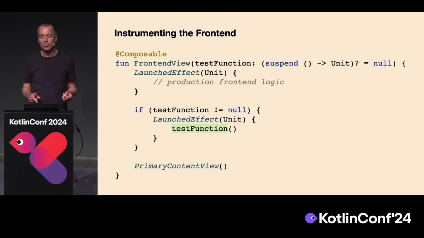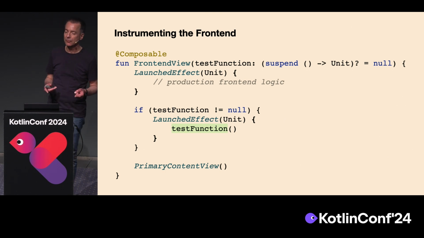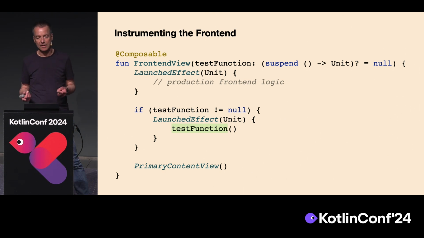A normal front end would maybe have a main composable, which launches an effect, for example, to start our front-end production logic. And we could instrument this with a test function, which we could then optionally pass for tests. If we don't use it, the cost and risk in production for this is basically zero, simple null check. But this way we could inject our test function there.